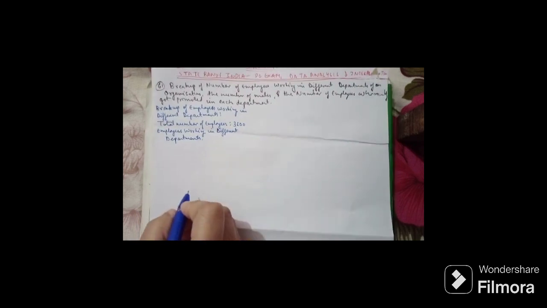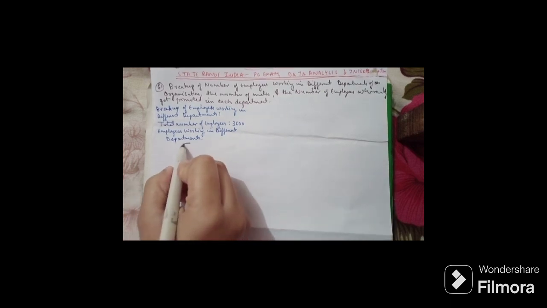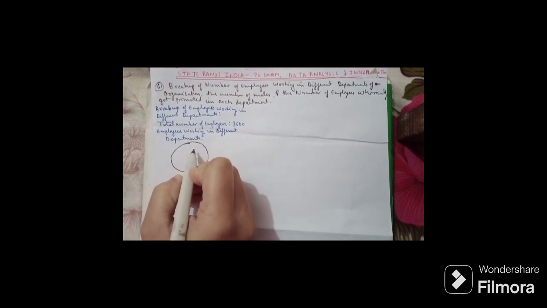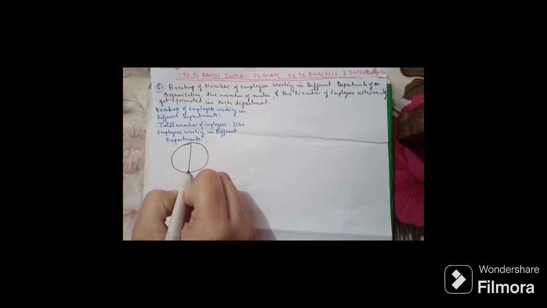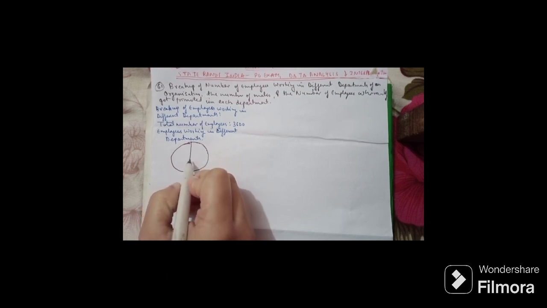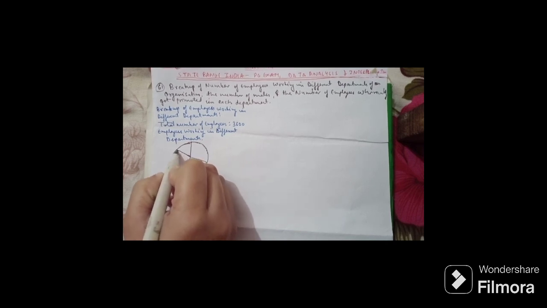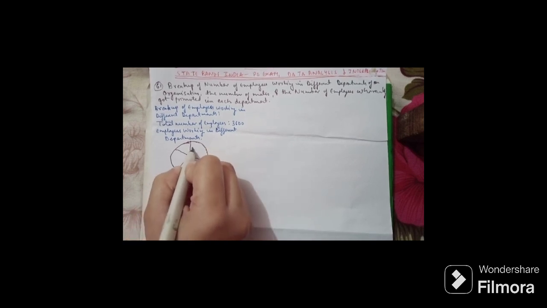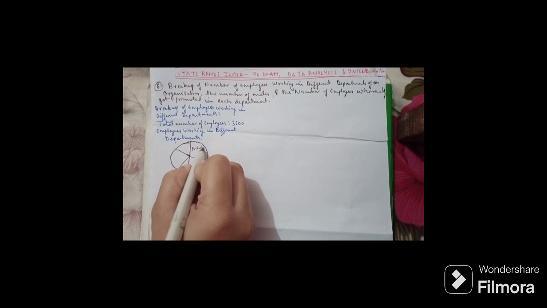Now we have a pie chart for it. This is for production, which is 35%.